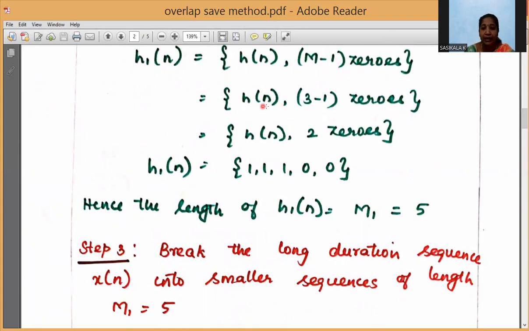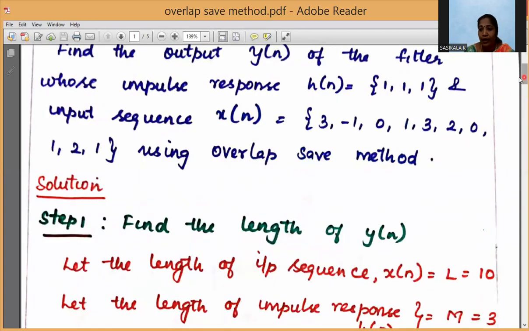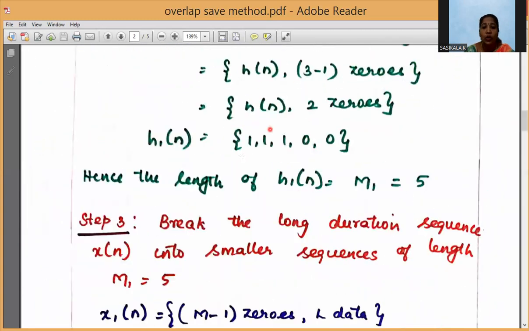Here m value is 3, so 3 minus 1 is equal to 2, so you have to add 2 zeros. So h1 of n is equal to 1, 1, 1, comma, 2 zeros, that is 1, 1, 1, 0, 0. Hence the length of h1 of n, m1, is equal to 5.